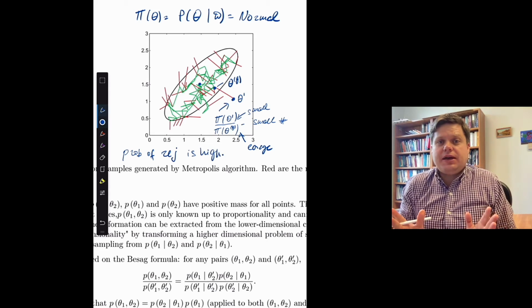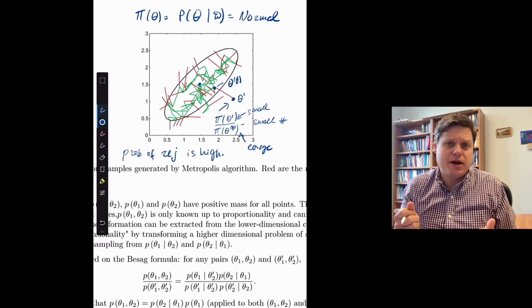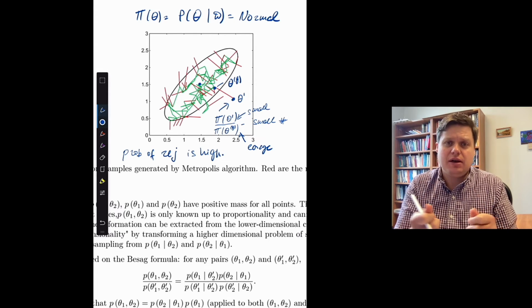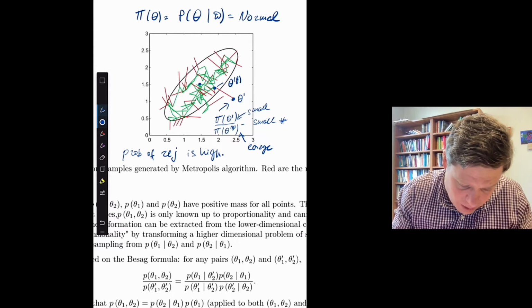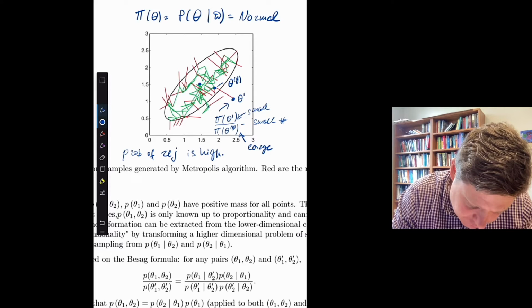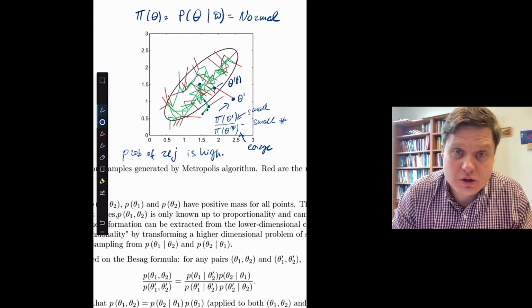And that's the simple idea. Essentially, the Metropolis-Hastings algorithm tries to spend more time in the areas of high density compared to the areas of low density. Although once in a while you will have a move like this, from this point to this point. This is green, which means it was accepted.